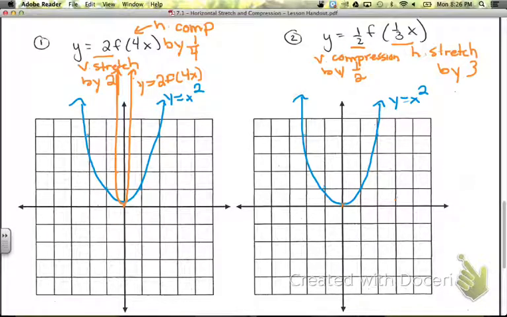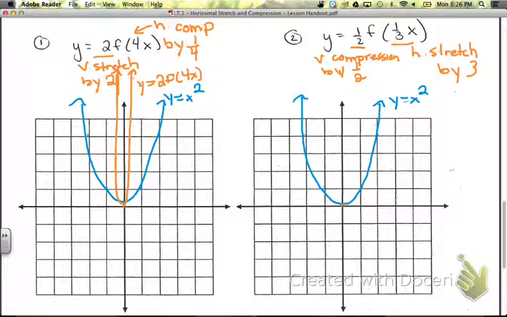Now let's look at our point 2, 4. We're going to multiply that 2 by 3, so we are going to have it at 6. So we have 6, 4. Multiply the 4 by a half since we have our vertical compression. So it's going to be at 6, 2.